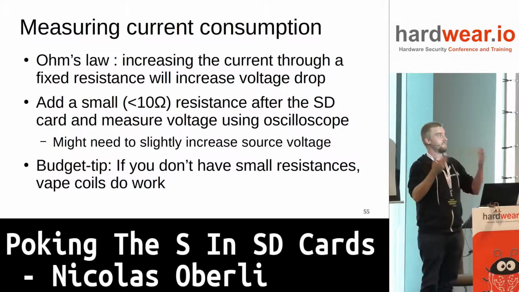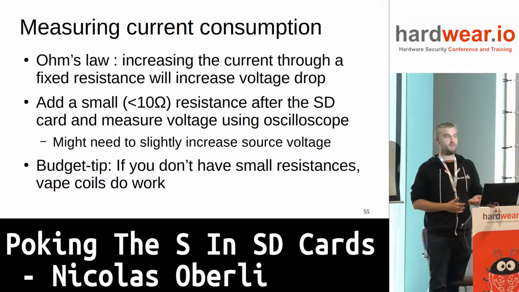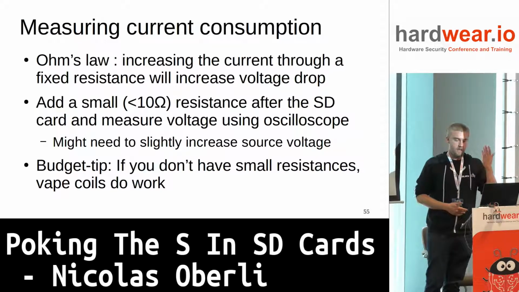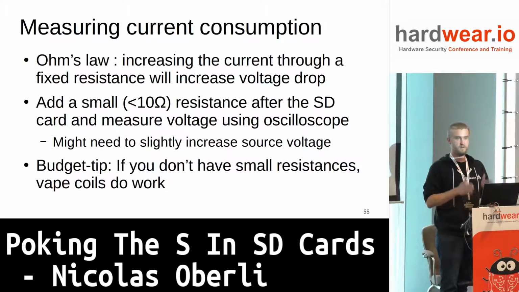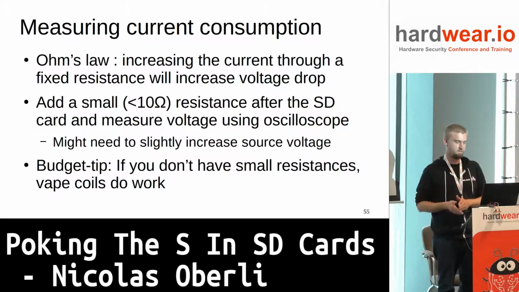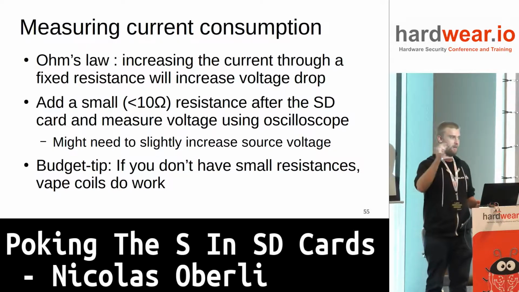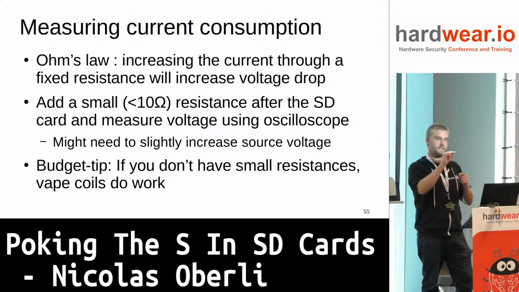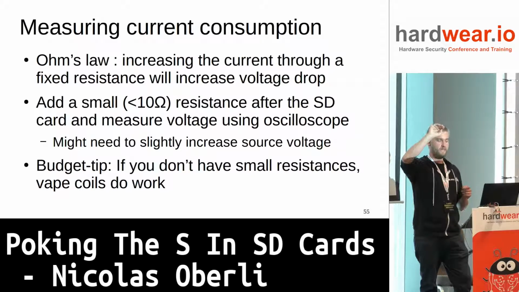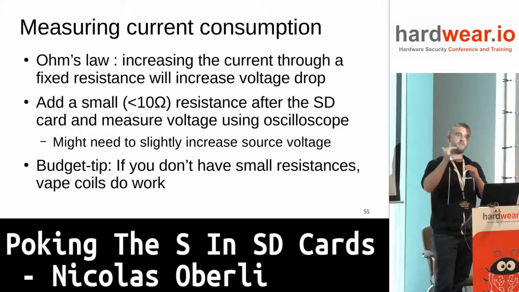So how do I detect an increase of consumption? I have to measure the current going through the SD card. So you take your electronics 101, Ohm's law: tension, current, resistance. If you have a really small resistance on the path between the SD card and the ground, you can see that if the current is rising, the tension around the resistor will also increase.